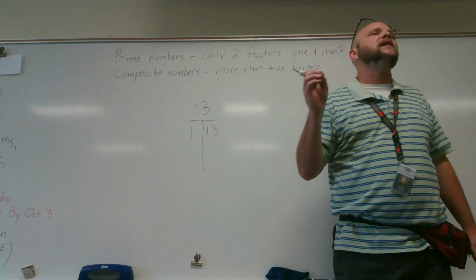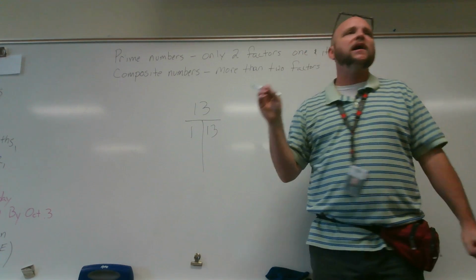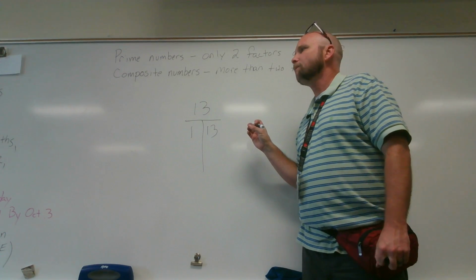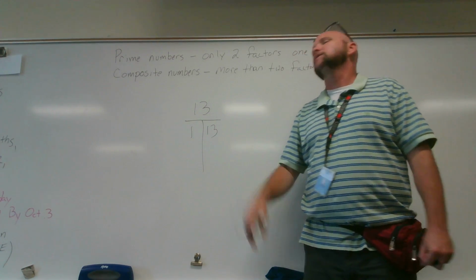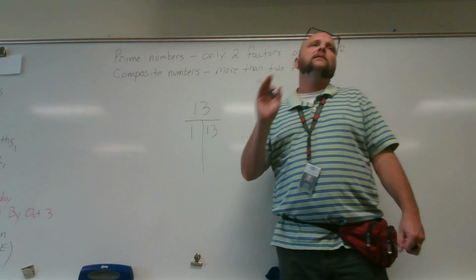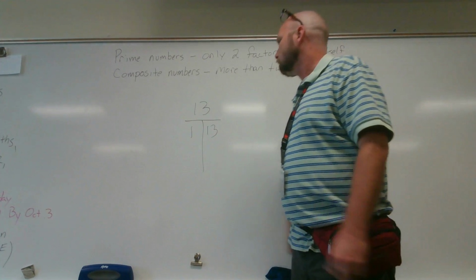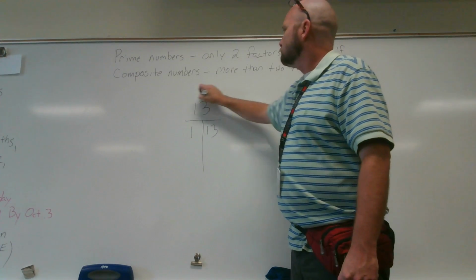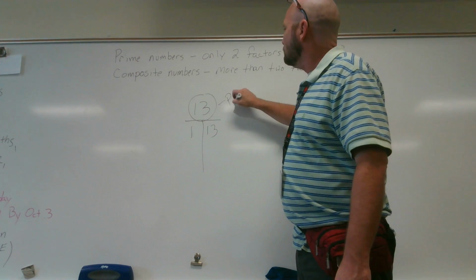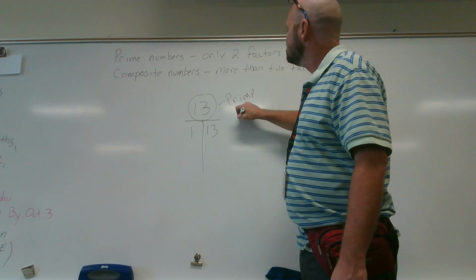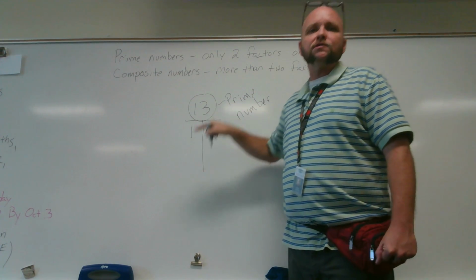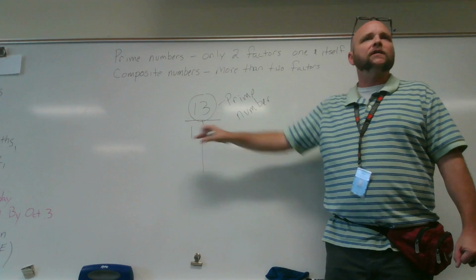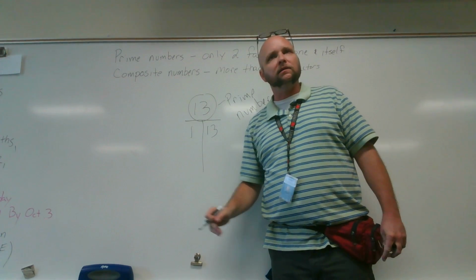No. 4 times anything equal 13? No. 5? No. 6? No. 7? No. 8? No. 9? No. 10? No. All right, good. So this means 13 is a prime number, because the only two numbers that are factors of 13 are 1 and 13.